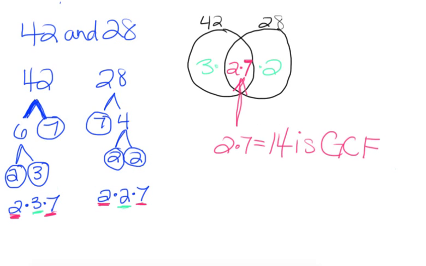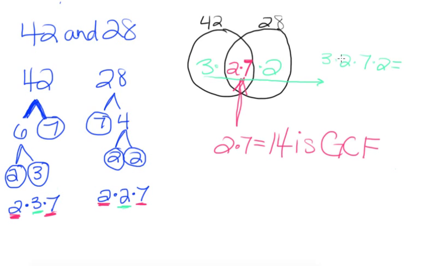And then, last but not least, this whole string of numbers that we have up in our Venn diagram, also known as 3 times 2 times 7 times 2, that's our LCM. So let's try to work this out.